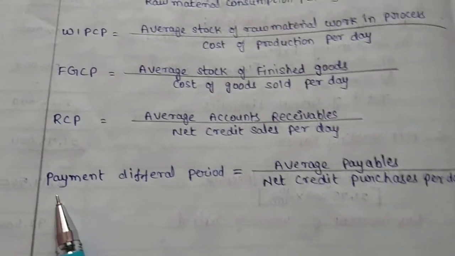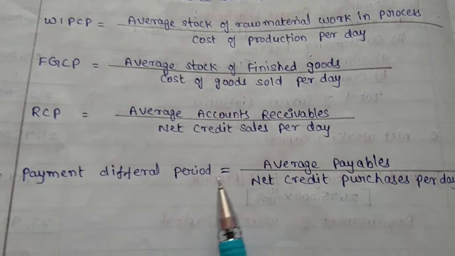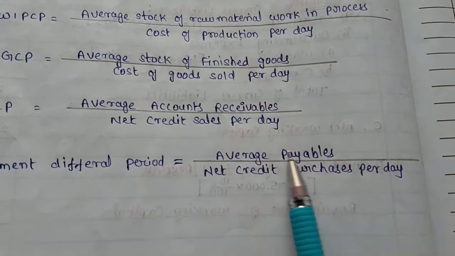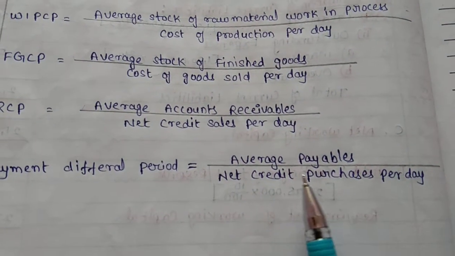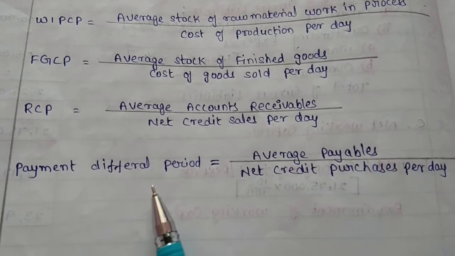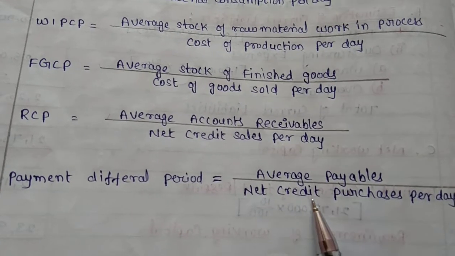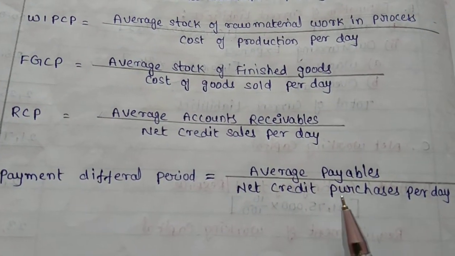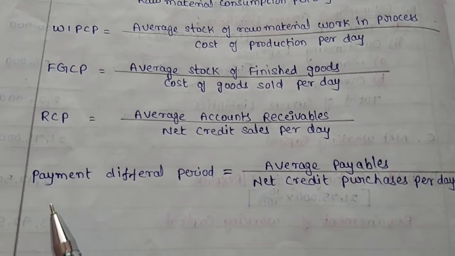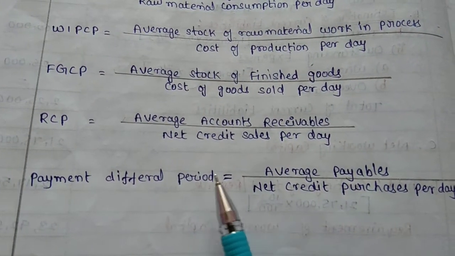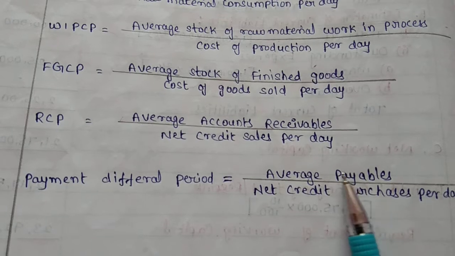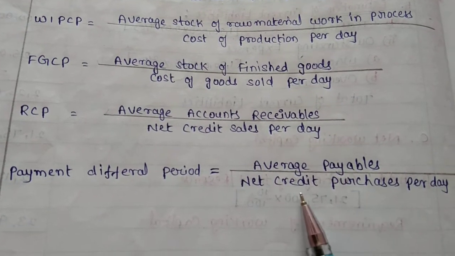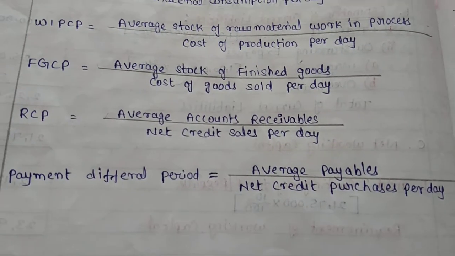And the last one, payment deferral period, is equal to average payables, bills payables, divided by net credit purchases per day, since creditors arise when there are credit purchases.